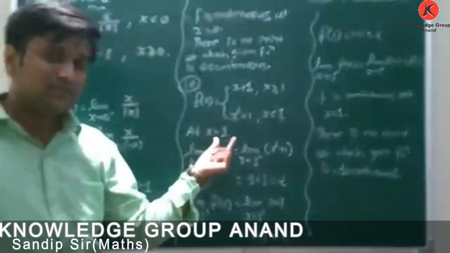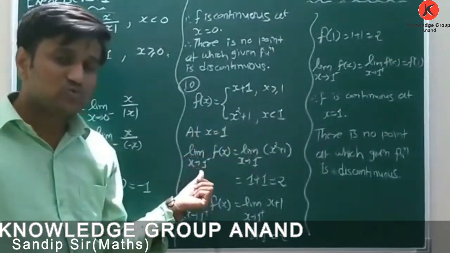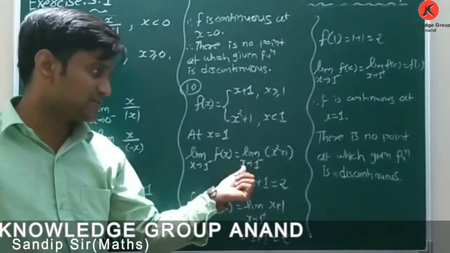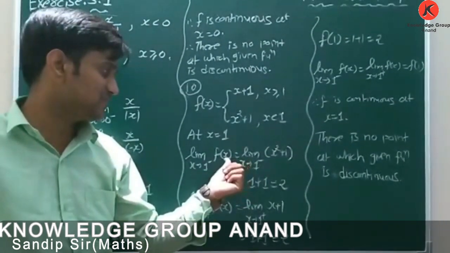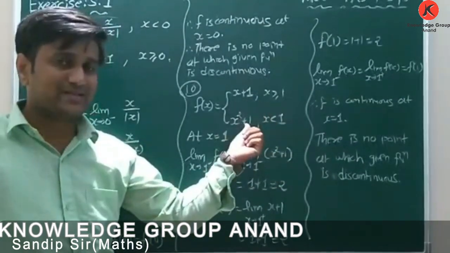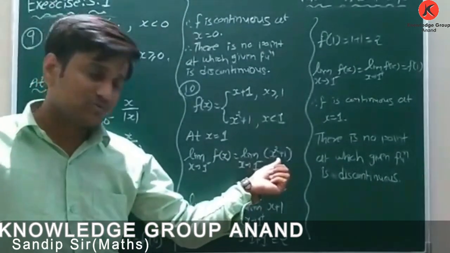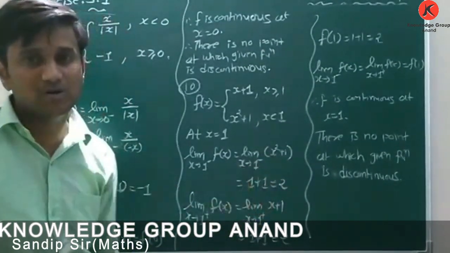So at x is equal to 1, limit x tends to 1 minus, slightly less than 1, f of x is equal to x square plus 1. Okay, that means we put the value of x as 1, 1 plus 1 is equal to 2.